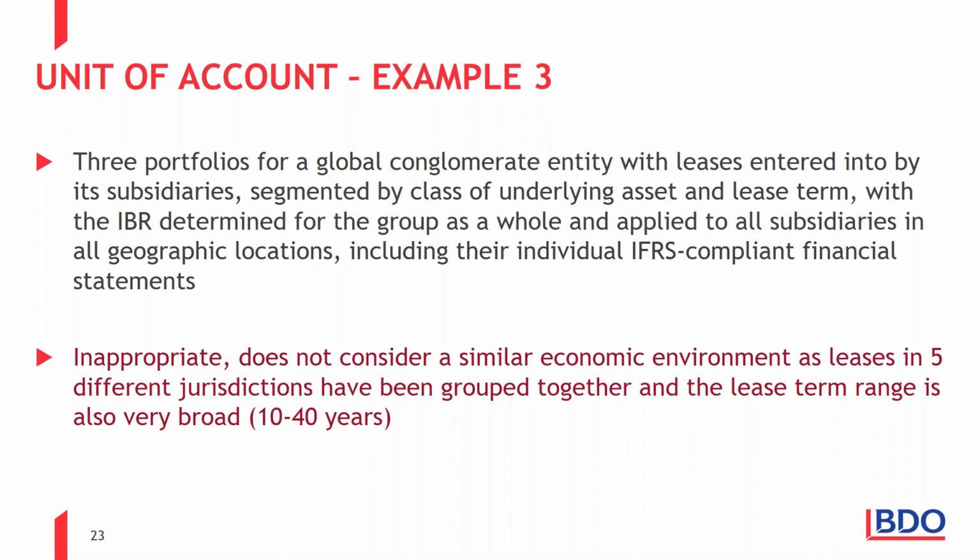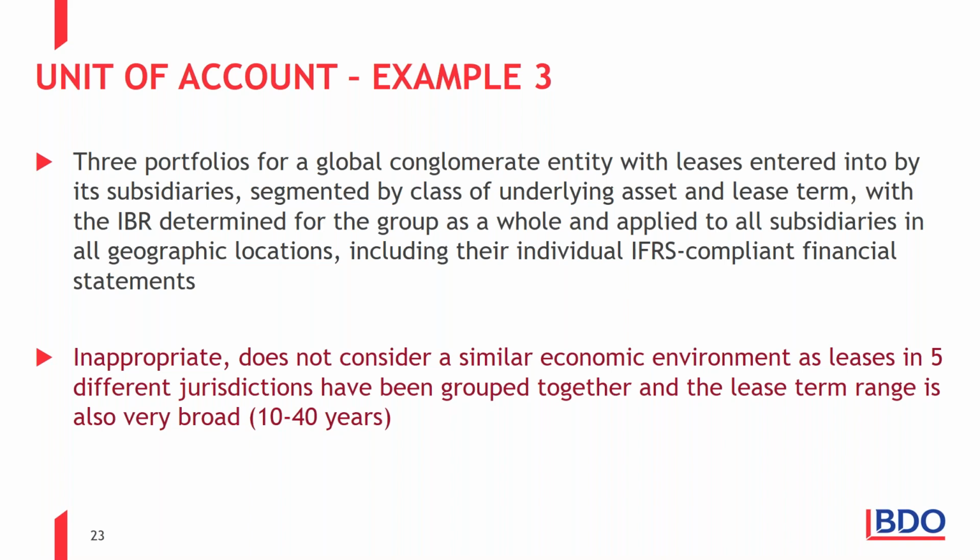If we move to example 3, and this is something that perhaps David and Martin can talk better to when they get there. This is the group scenario where you've got a global conglomerate, or really just an entity with subsidiaries in other economic environments, where they've constructed 3 portfolios, and the leases are entered into by their subsidiaries in the relevant environment, in the relevant country, segmented by asset and lease term.